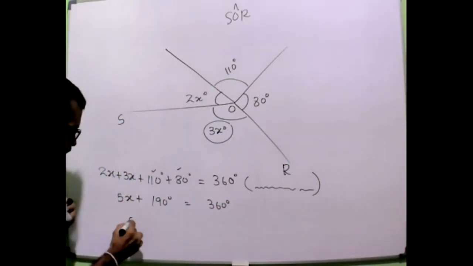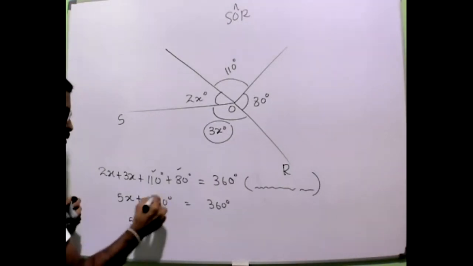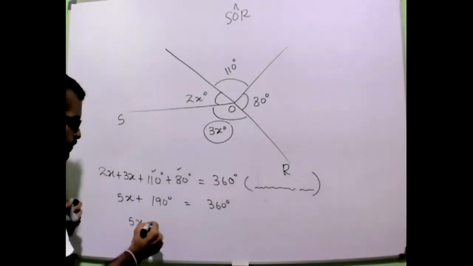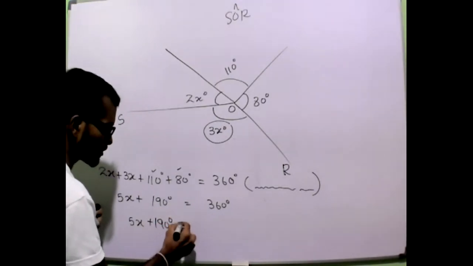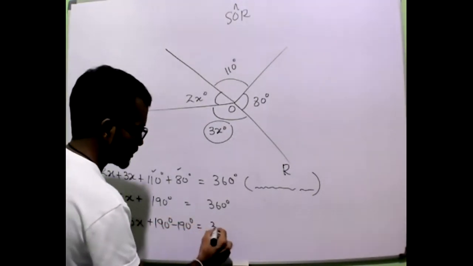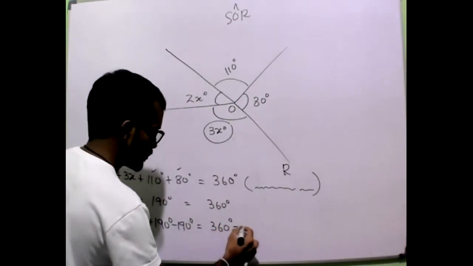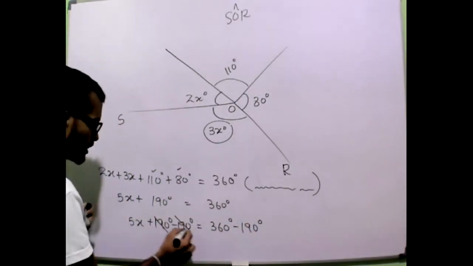So here it is 5x. You need to remove this positive thing first. This is positive 190, so you have to subtract 190 from both sides. This is 360 minus 190. Cancel out.